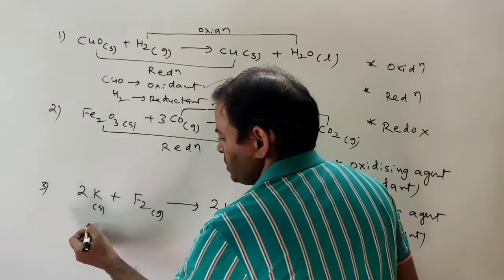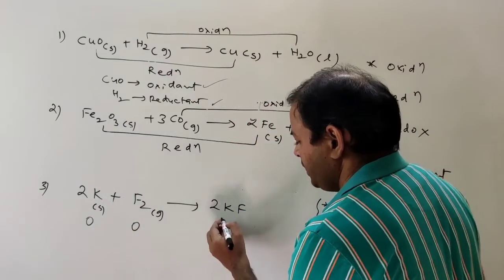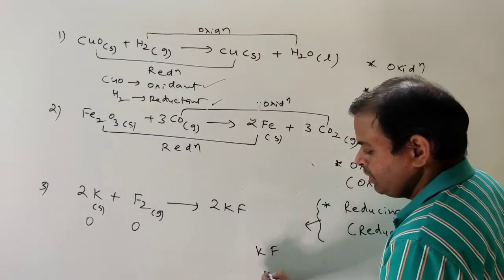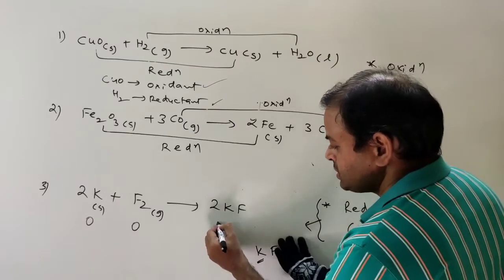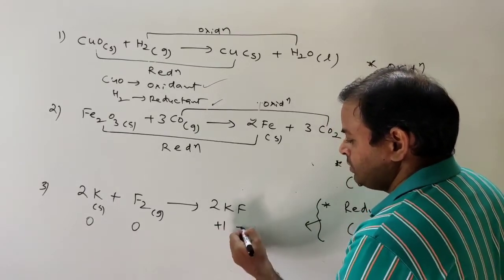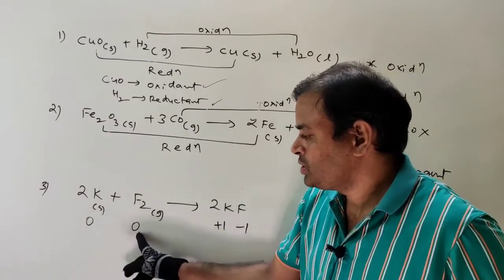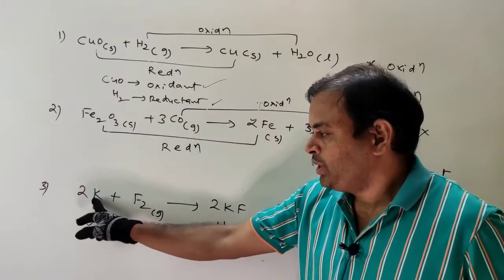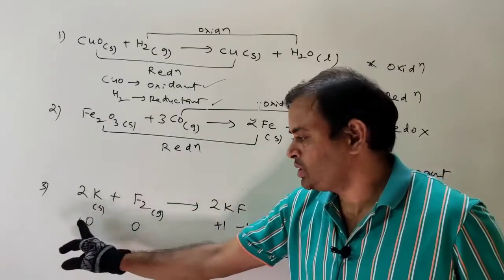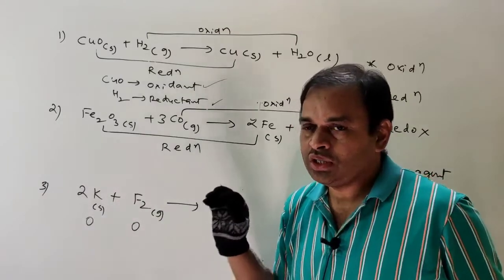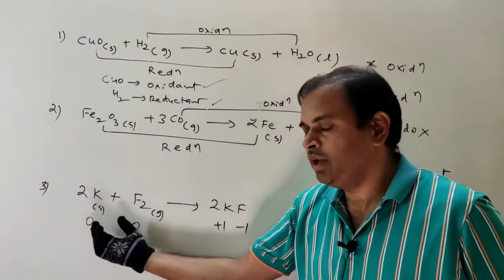So what is the oxidation state of K? 0. F2 is 0. Here, KF. K is a first A group element, so this is +1. Fluorine is -1. Why are these 0? An element or molecule in the free state has an oxidation state of 0. Are they in the free state?